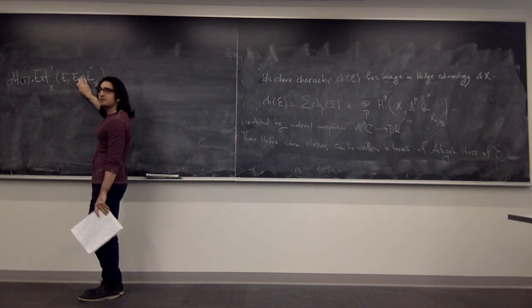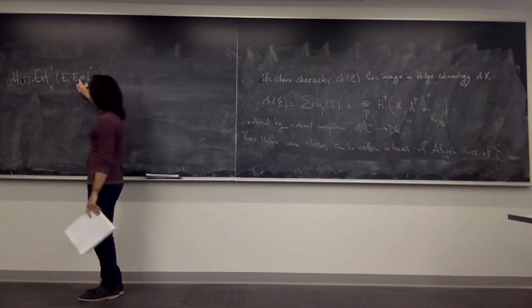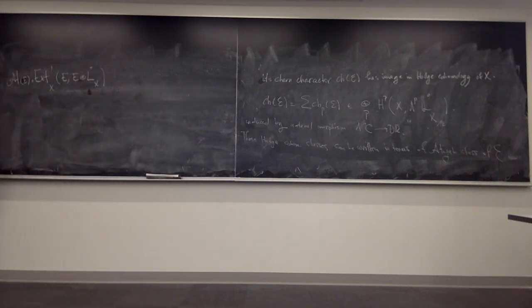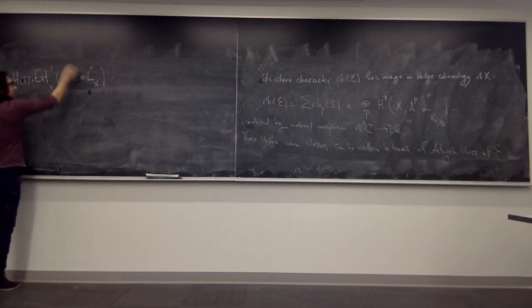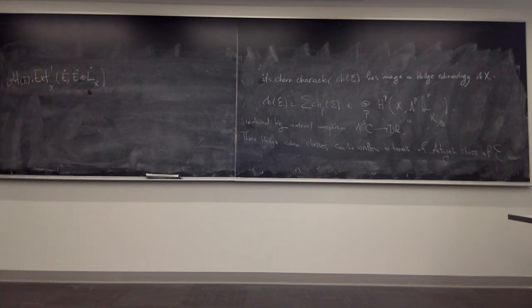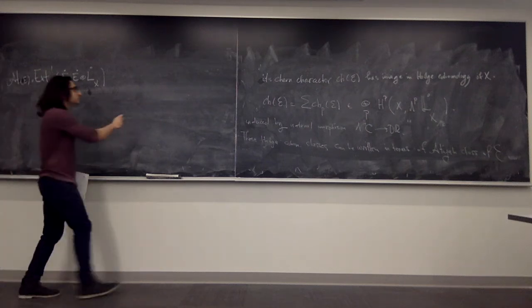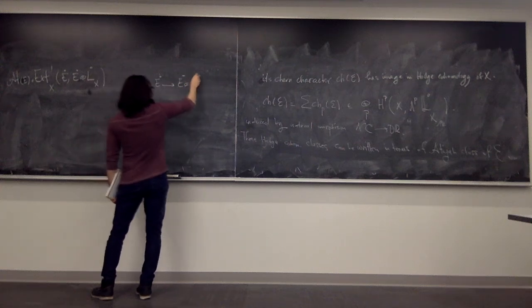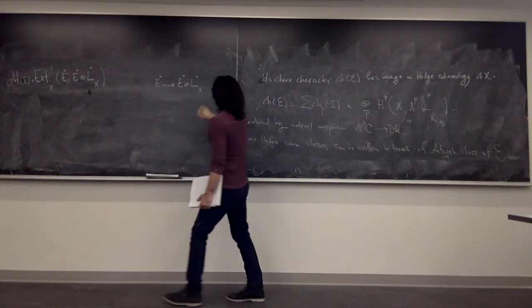And the same thing can be extended to objects in the derived category. If you want to define a notion of a connection on an object in the derived category, then the connection is basically this thing.